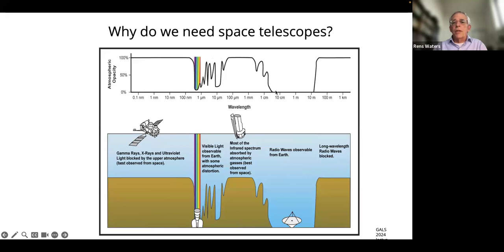And then as you go to radio wavelengths, it gets better again until it becomes opaque again. And so this is why, specifically for X-rays and gamma rays, space astronomy has been developed and is very important, but also for infrared astronomy, space observations have been crucial in order to open large parts of the electromagnetic spectrum.